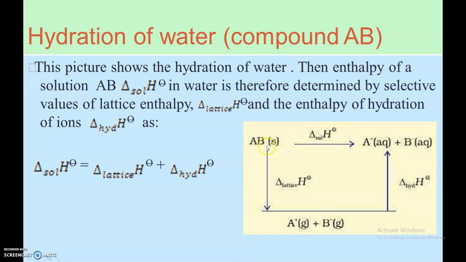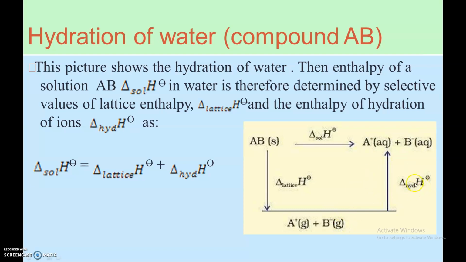The first case is here: AB is the substance, and it will separate into its constituent ions, that is A plus, the cation, and B minus, the anion. So it will release the lattice enthalpy, then the ions will dissolve in water.